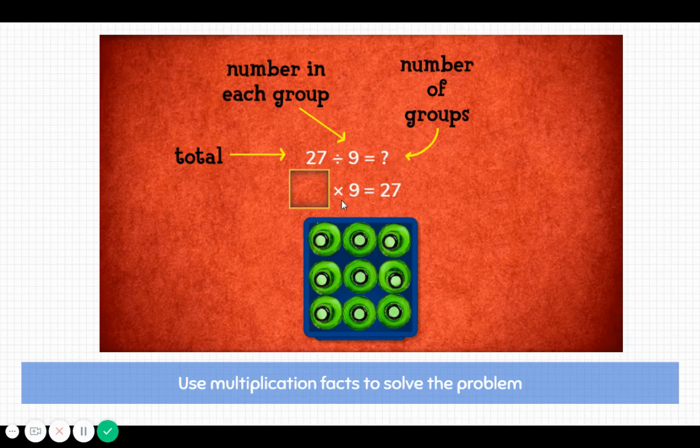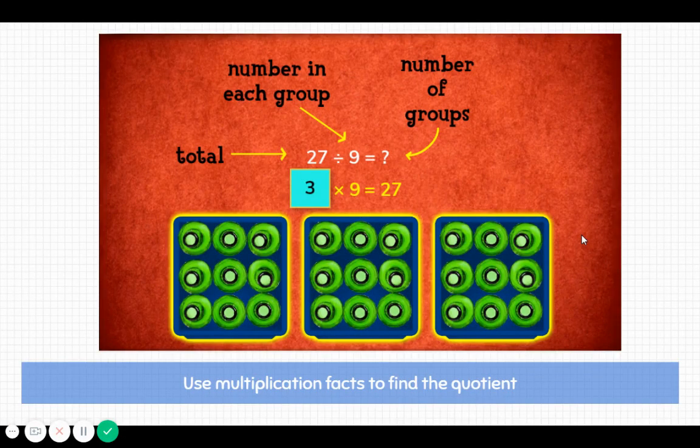So if I know my facts, I recognize this 27, I recognize 9, I know there's a number that multiplied by 9 is 27, and yes, since you all know all your facts, we know that 3 times 9 is 27. Therefore, 27 divided by 9 is, of course, 1, 2, 3. Those are the 3 groups that I could make to organize those 27 bottles into groups of 9.